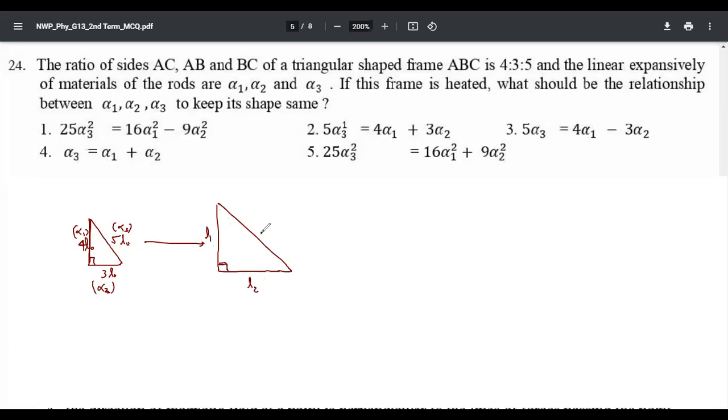Ratio between them should be the same. L1 to L2 to L3 must be 4 is to 3 is to 5. Right. So what's the plan here, people?